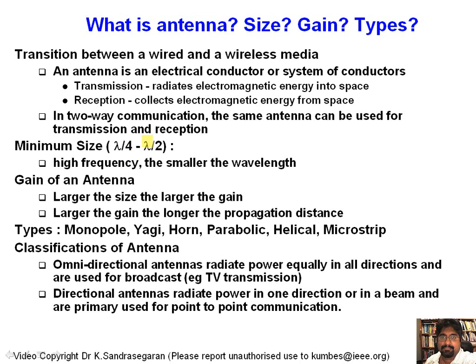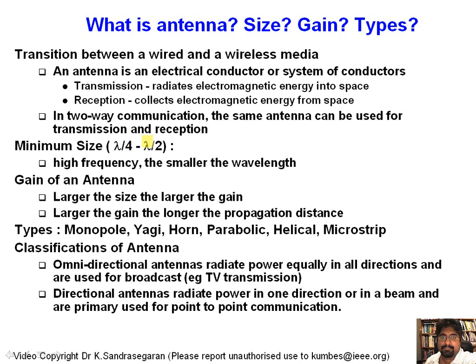There are many different types of antennas: monopole, Yagi, horn, parabolic, helical, microstrip, and so forth. I'll show you pictures of some of these later on. Now, an antenna is a device that propagates electromagnetic waves. Sometimes an antenna propagates electromagnetic signals equally in all directions, okay? And those are referred to as omnidirectional antennas.